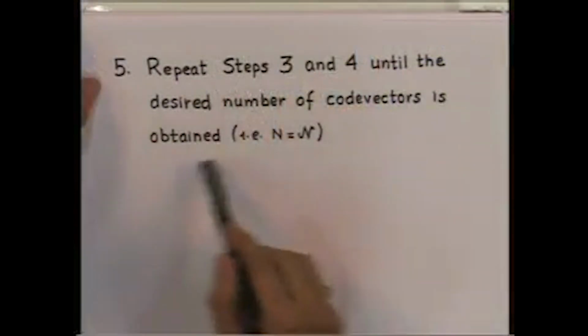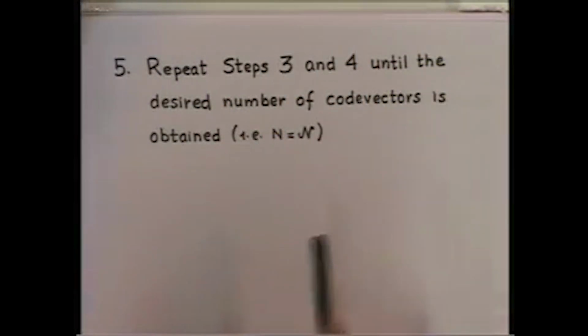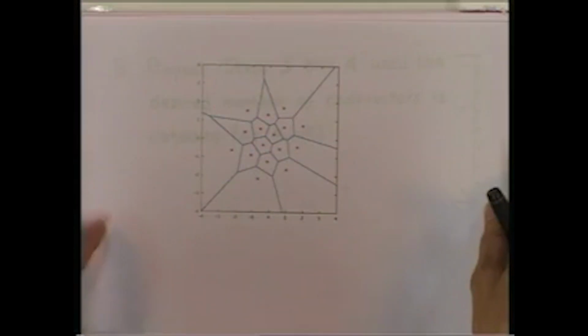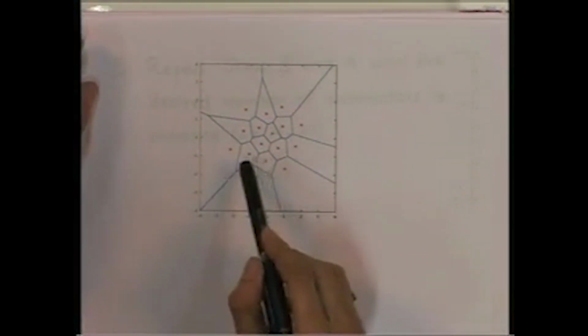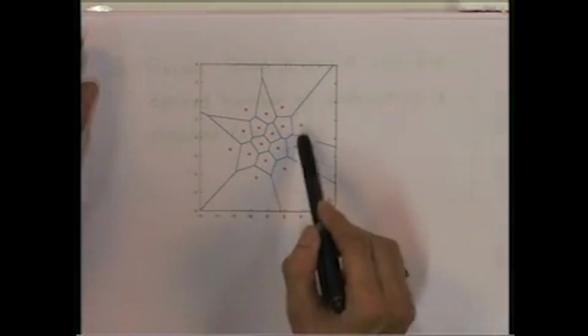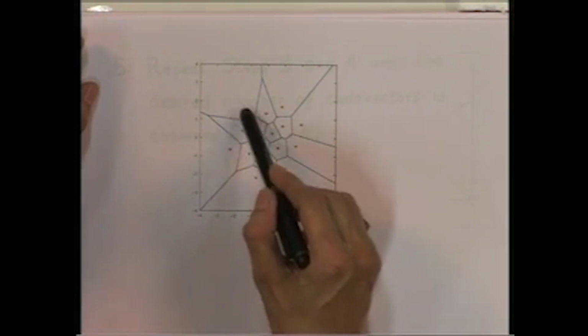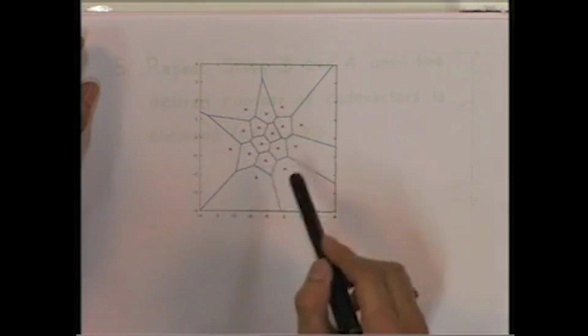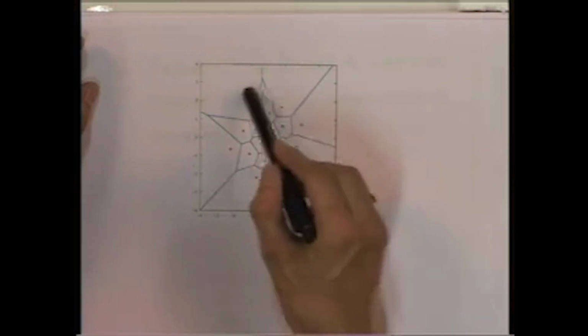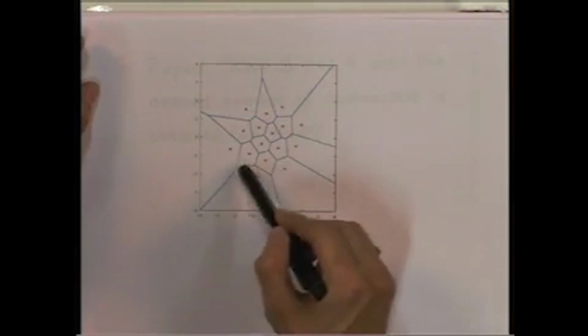This way we repeat steps 3 and 4 until the desired number of code vectors is obtained. As an example, for the case of 2 dimensions, finally we will obtain the code book in the form of code words or code vectors indicated by the red asterisks and the Voronoi regions whose boundaries are indicated by the blue lines.